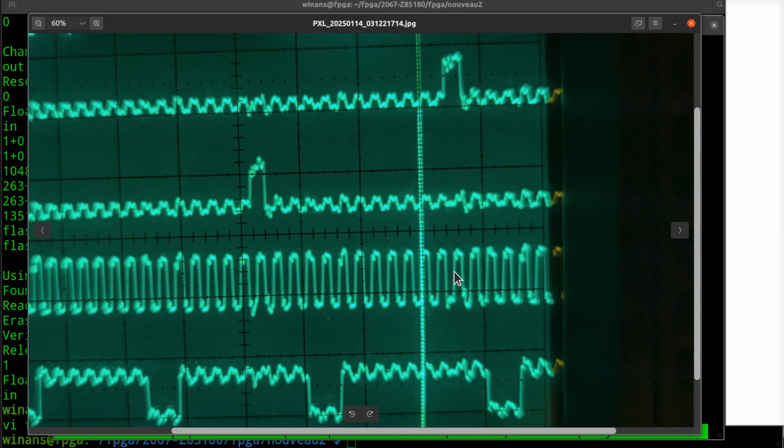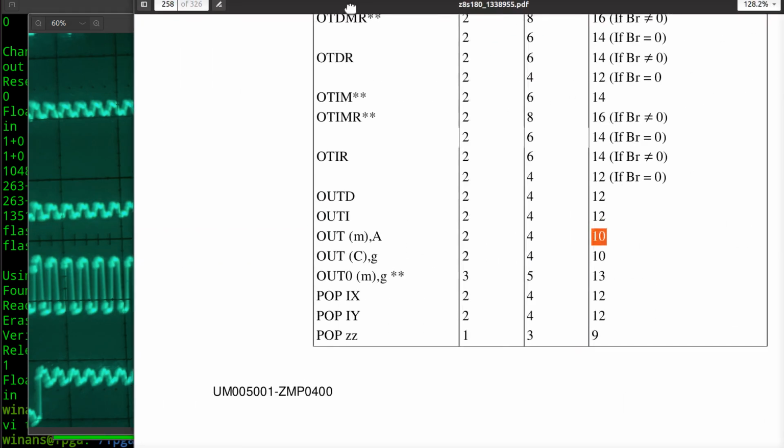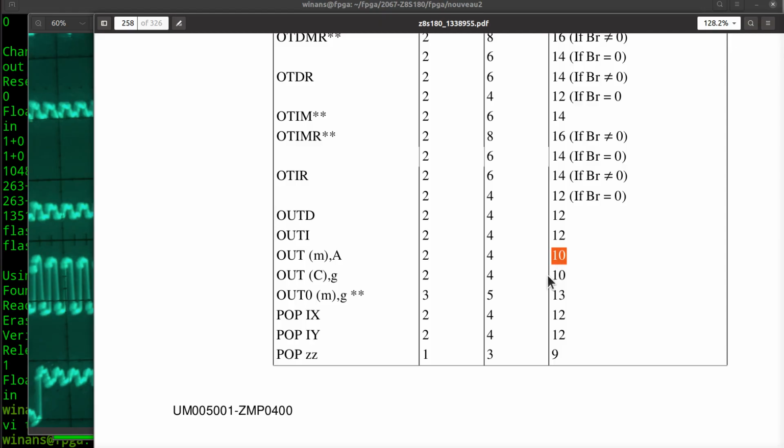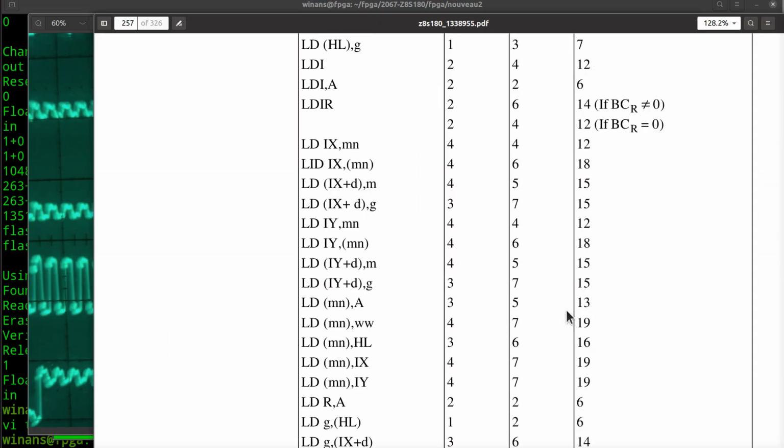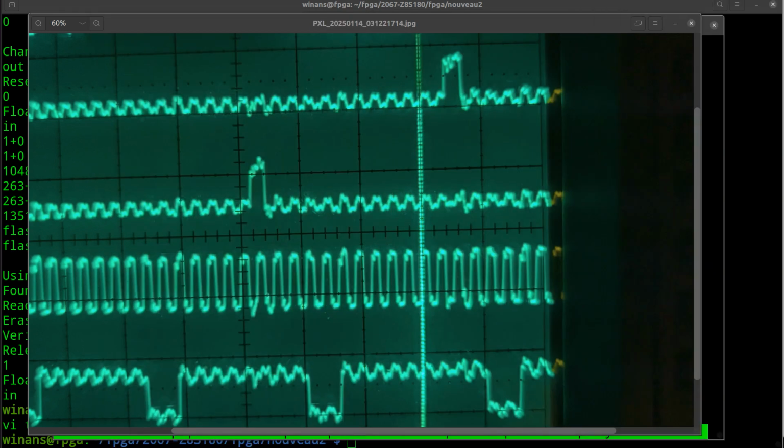So this is a total of 4 plus 1 plus 3 plus 3, which is 11 total T states, not 10, okay? And you're going to see the same thing is also wrong about the input instruction, it will be off by 1 as well. So whoever documented that did it wrong.